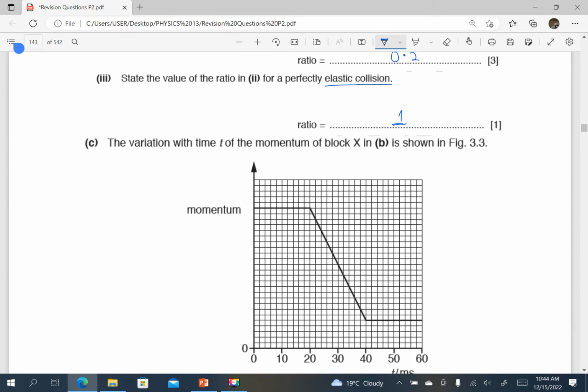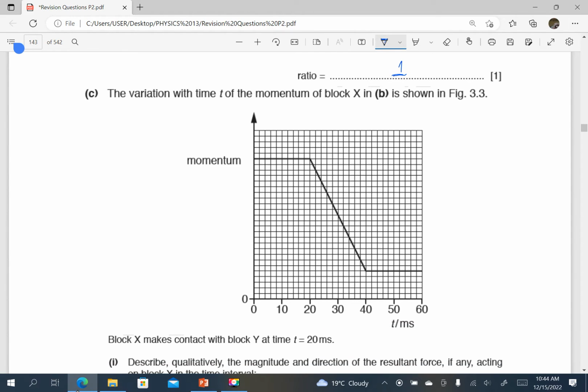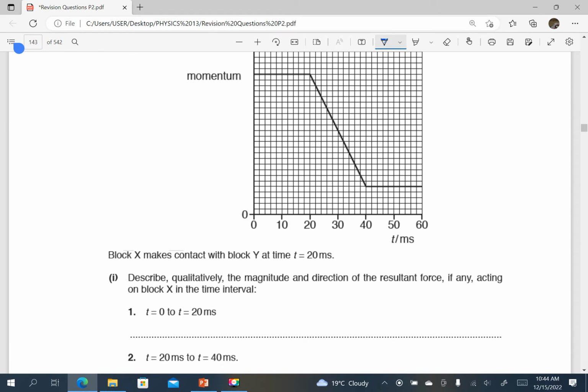The variation with the time t of the momentum of block X in B is shown in the figure here. So this is momentum with the time. Block X makes contact with block Y at time t equals 20 milliseconds.